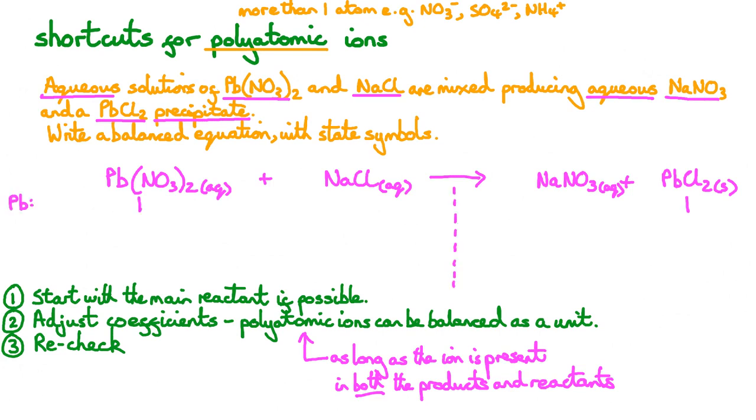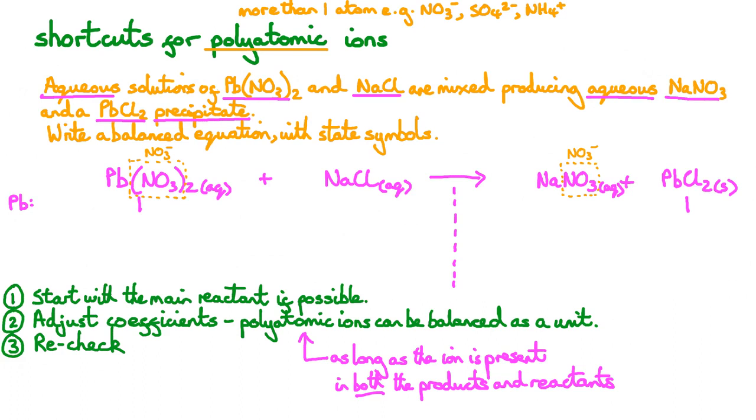We have one lead atom on the left and one lead atom on the right, so for now our lead atoms are balanced. Next, our shortcut can come in handy. When we look closely, we can see that we have the nitrate ion on both sides of our equation.